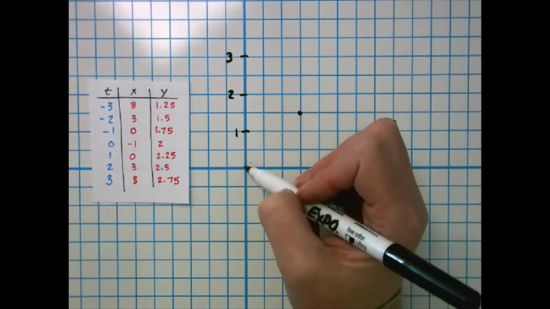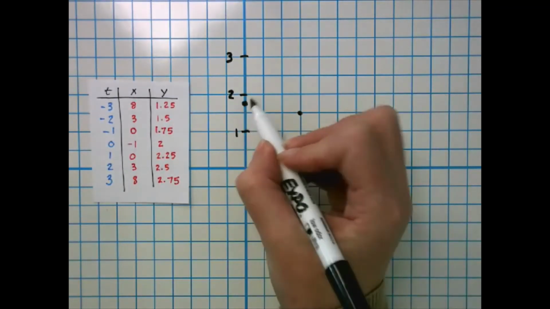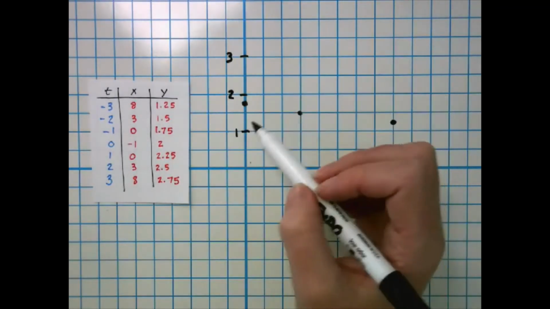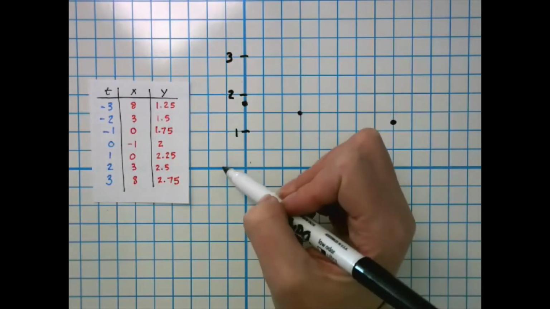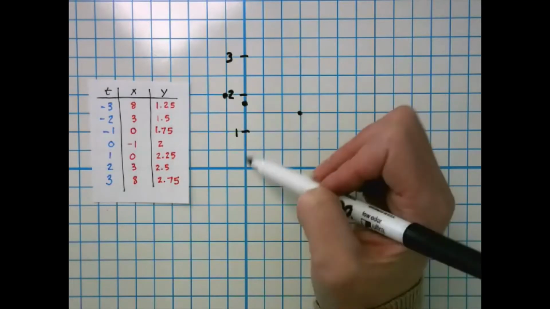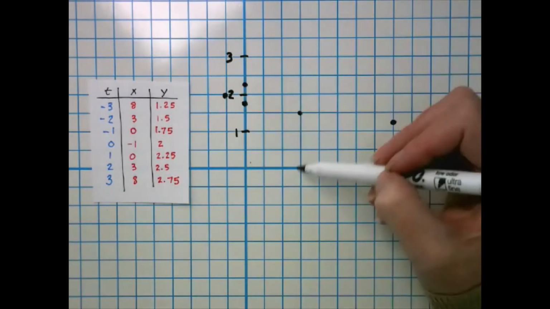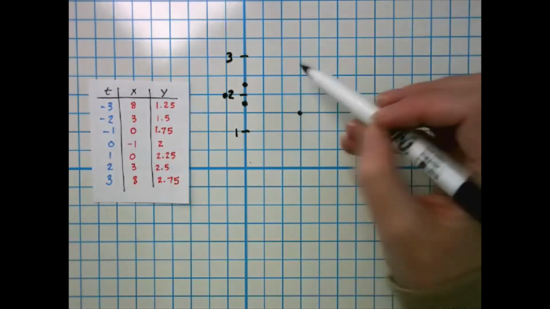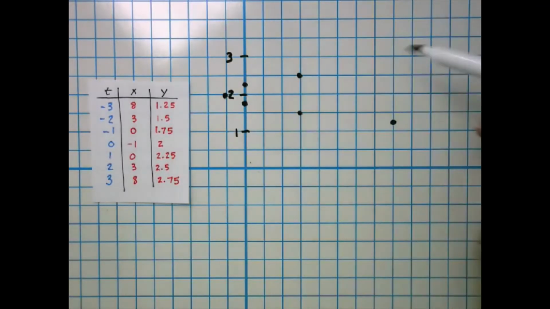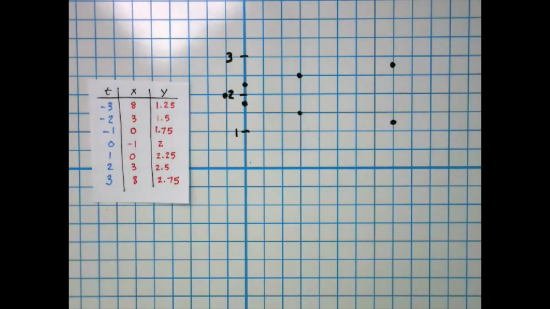An x value of 0 and a y value of 1.75. An x value of -1 and a y value of 2. Then we're at 0, 2.25, 3 again at 2.5, and 8 again at 2.75.